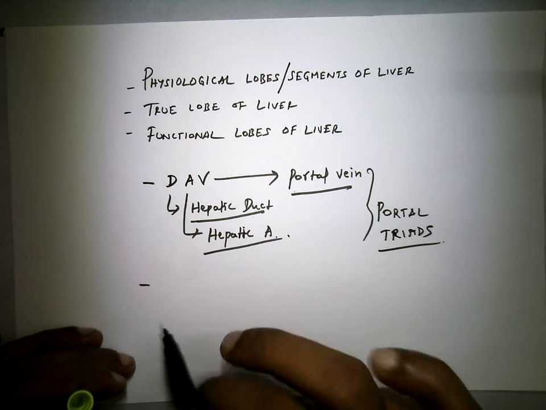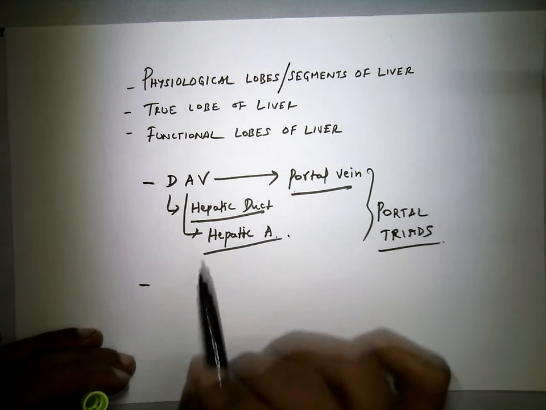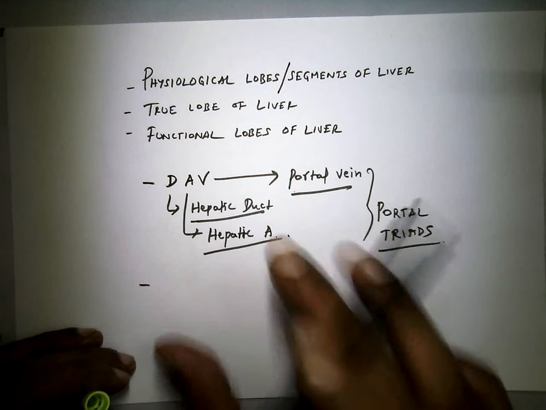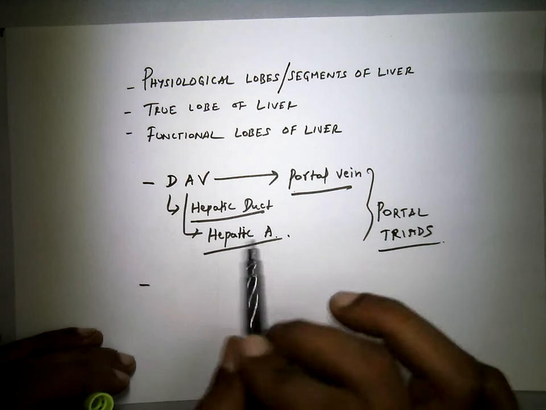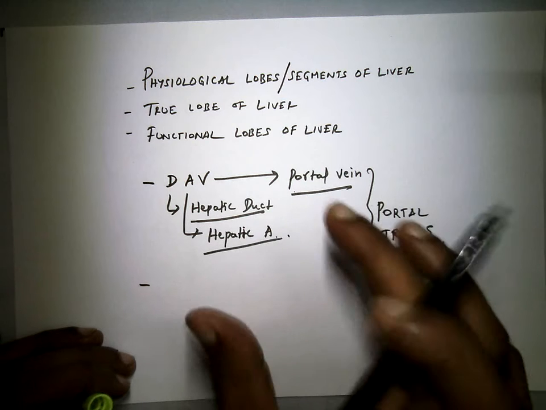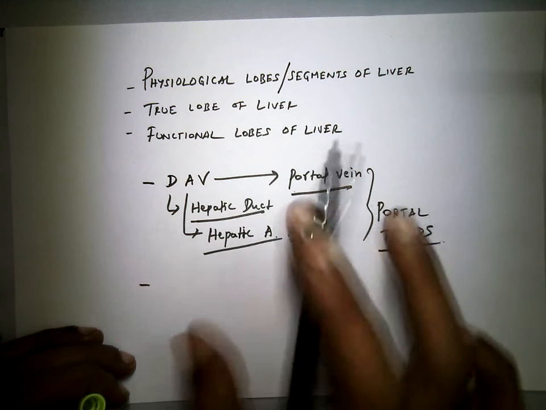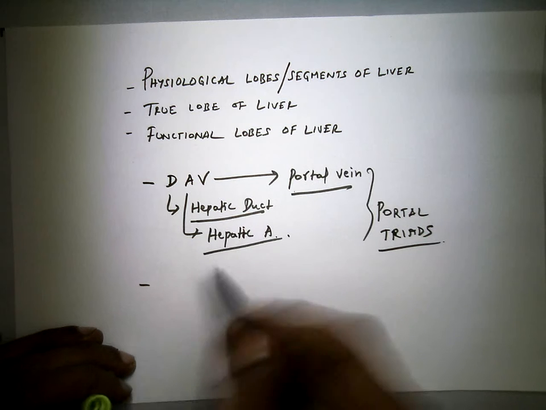If a particular artery gets blocked, it will affect that segment alone, so it will be easy to diagnose which segment of the liver has its circulation blocked.